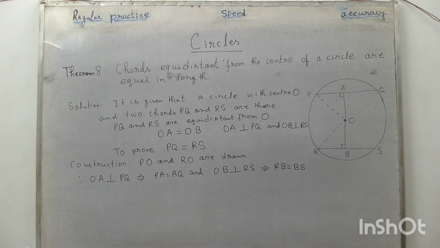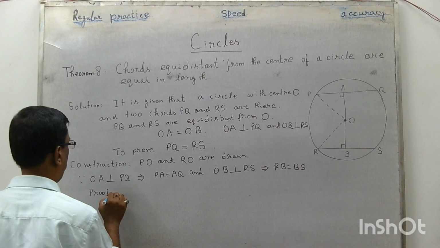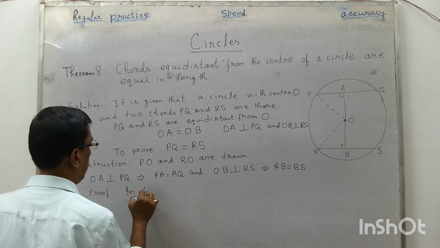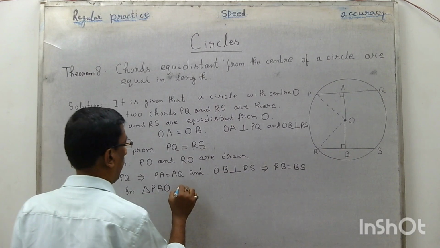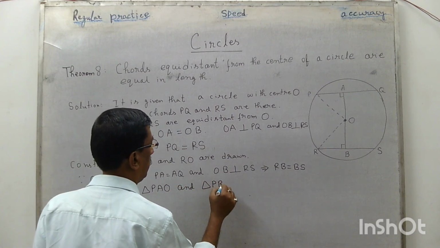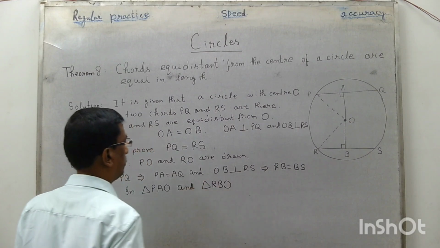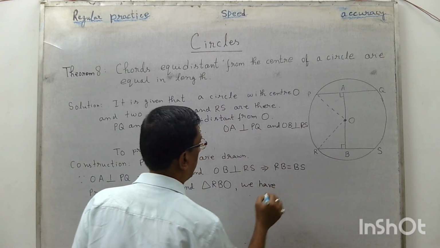Now in triangle PAO, proof. In triangle PAO and triangle RBO we have, क्या क्या है हमारे पास.